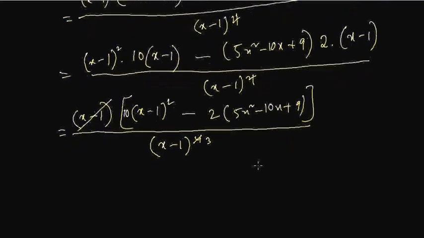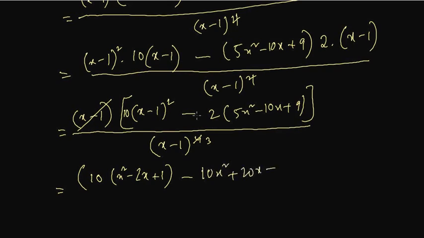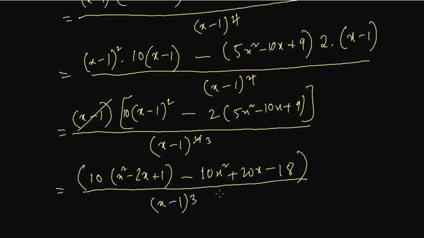So what we have here is, if we break this bracket, (a minus b) whole square is a squared minus 2ab plus b squared, minus, if you multiply it with 2, 10x squared minus 20x plus 18, divided by (x minus 1) whole cubed.